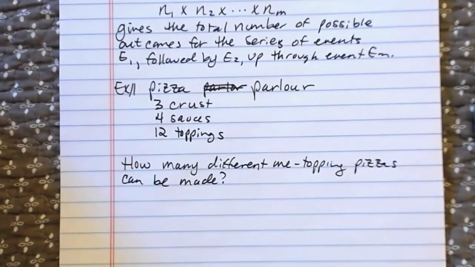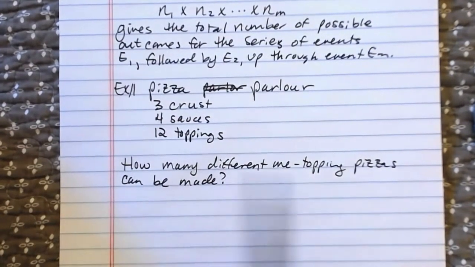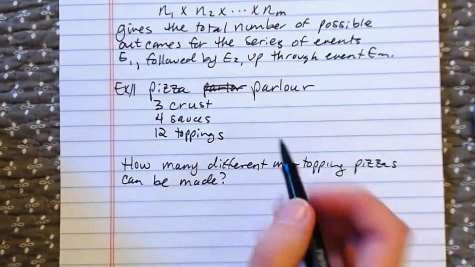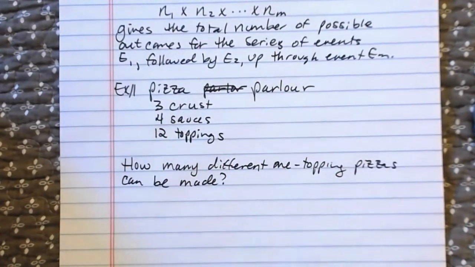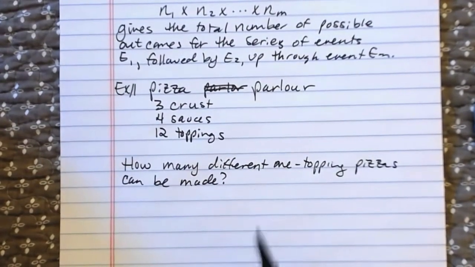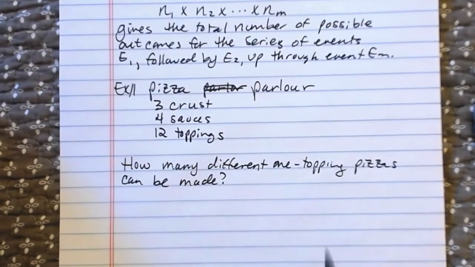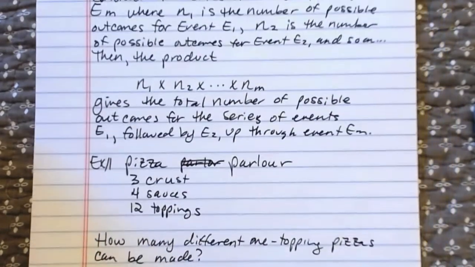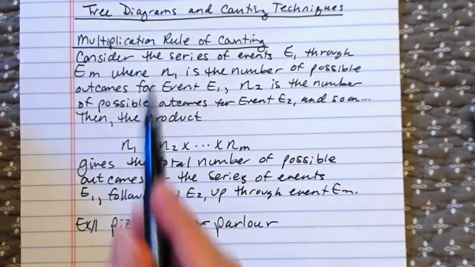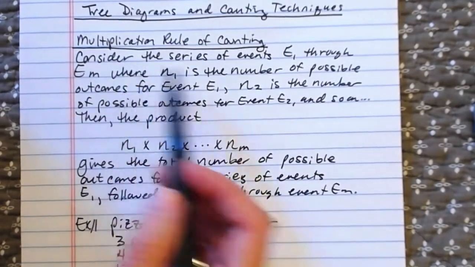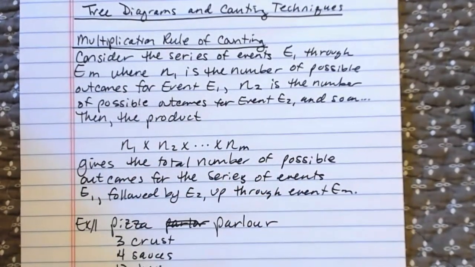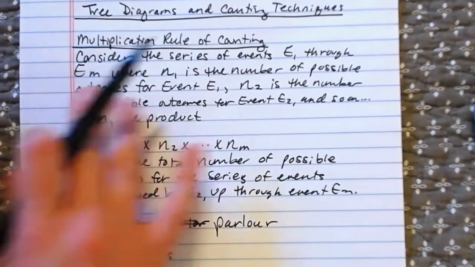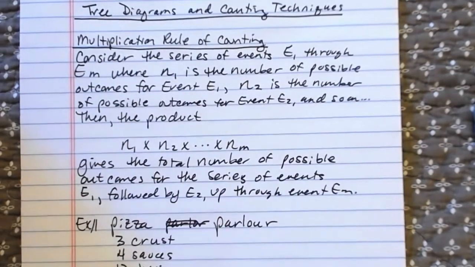Okay. So this is essentially like saying how many possible outcomes are there if the event that we're interested in is making a one-topping pizza. How many different possible outcomes are there for that particular event? Now, according to the multiplication rule of counting, we should be able to take different events and multiply their number of possible outcomes together to get this total number of possible outcomes for a series of events.